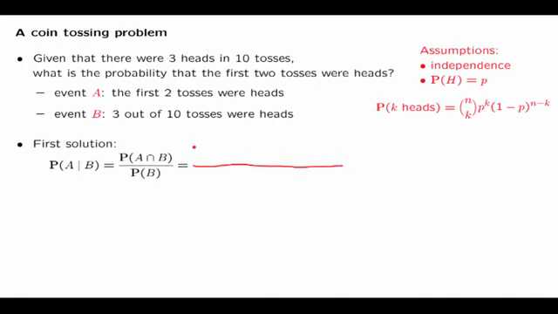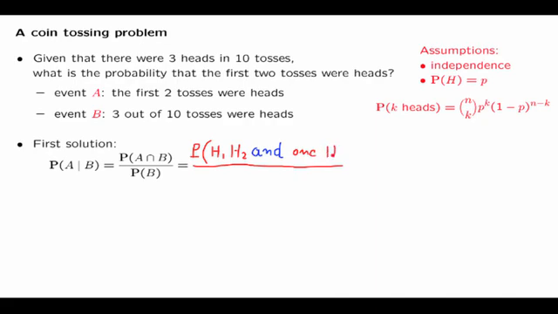Now let us specialize to the particular example that we're trying to solve. In the numerator, we're talking about the probability that event A happens and event B happens. What does that mean? This means that event A happens, that is, the first 2 tosses resulted in heads, which I'm going to denote symbolically this way. But in addition to that, event B happens, and event B requires that there is a total of 3 heads, which means that we had one more head in the remaining tosses.